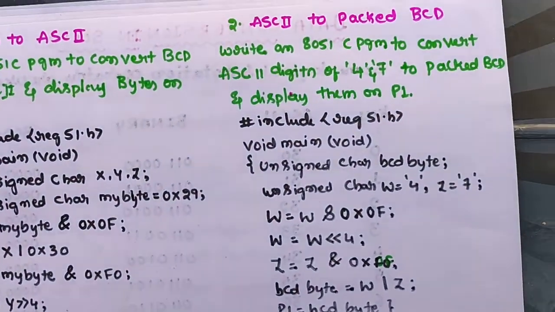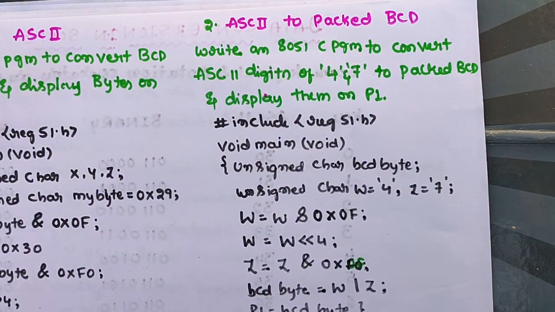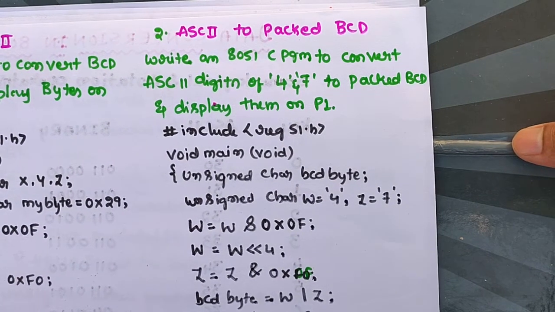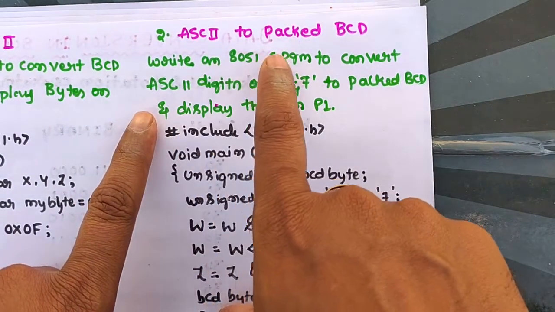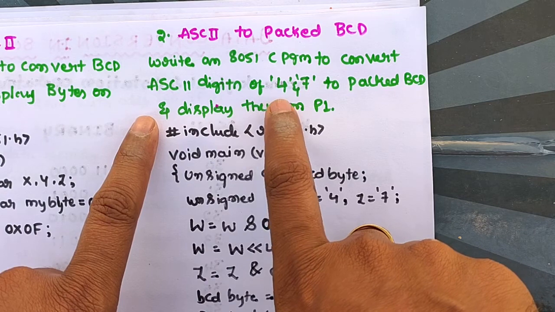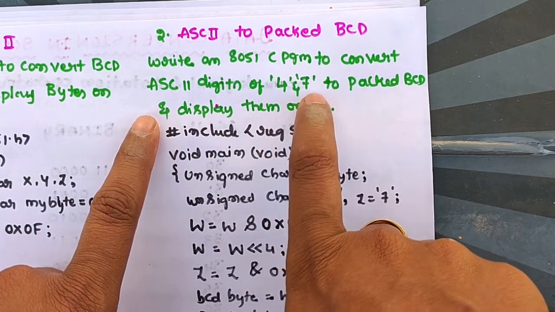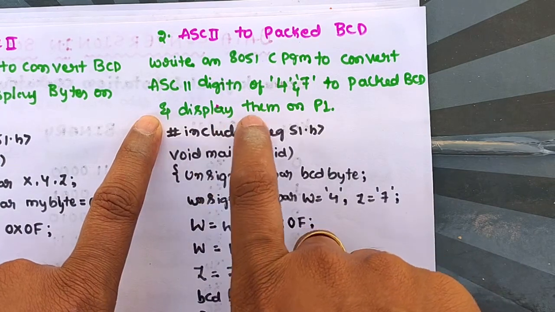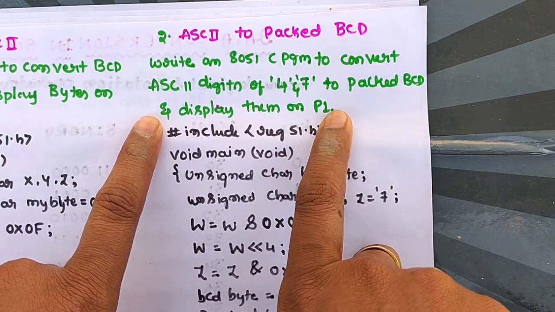And a similar program, because ASCII to packed BCD is the reverse logic of the last program: write an 8051C program to convert the ASCII digits 4 and 7 to packed BCD and display them in port P1.